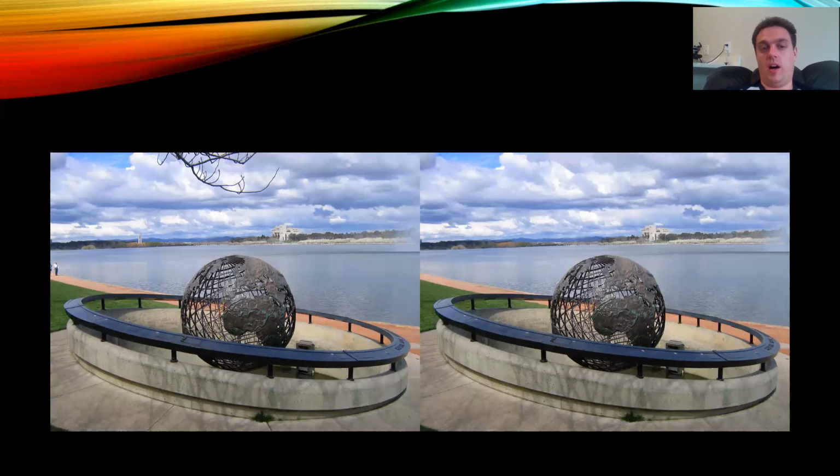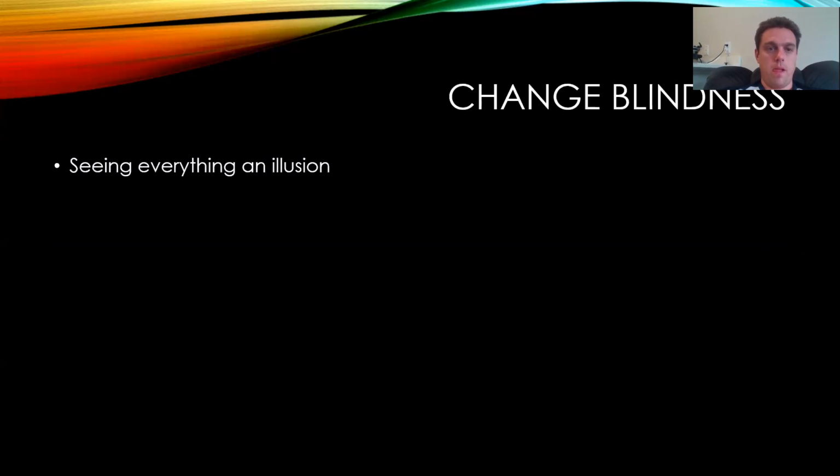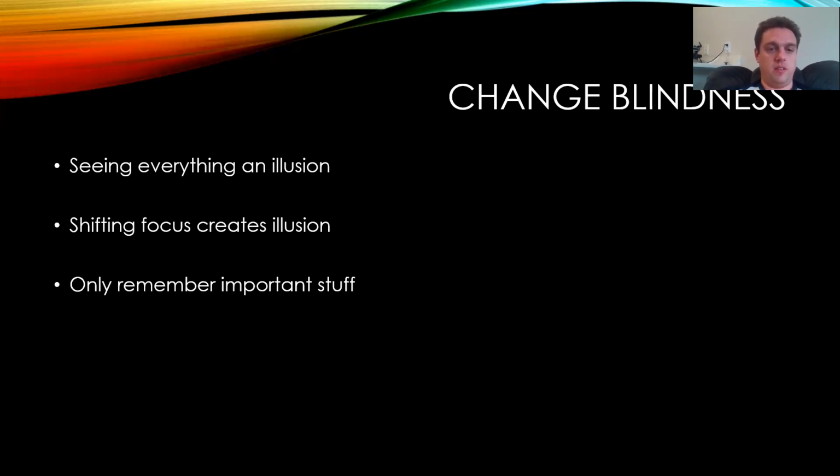And that's probably why you have to go one object at a time to see what changes. So like I said, seeing everything is an illusion. It's not the case that we are aware of everything in our visual field, but our attention can shift so quickly, it gives us the impression that we are seeing everything. In reality, we only take in and remember or are aware of the most important features of a scene.